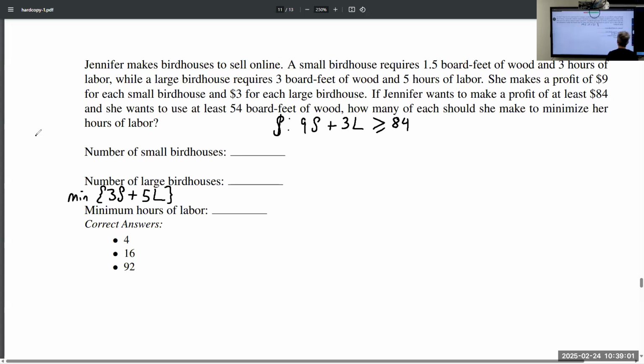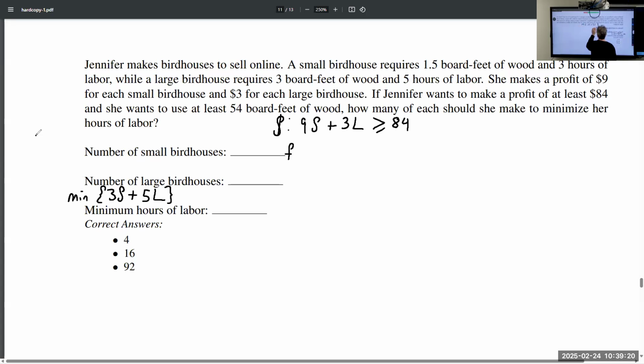And this is the one I don't fully understand. I know how to set it up, but I don't fully understand why we'd want to use at least this much material. Oftentimes I would think we'd want to reduce the amount of material, but maybe it's just the silly math problem part of it.